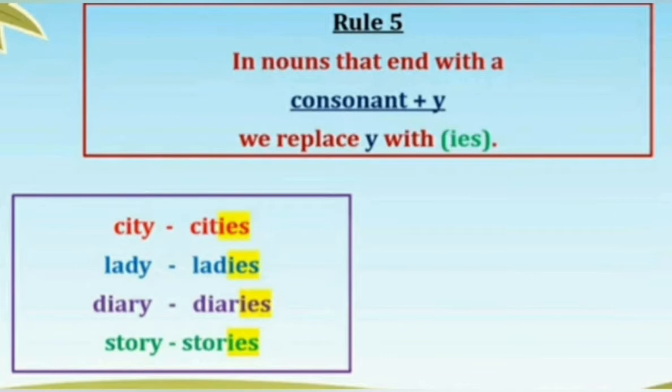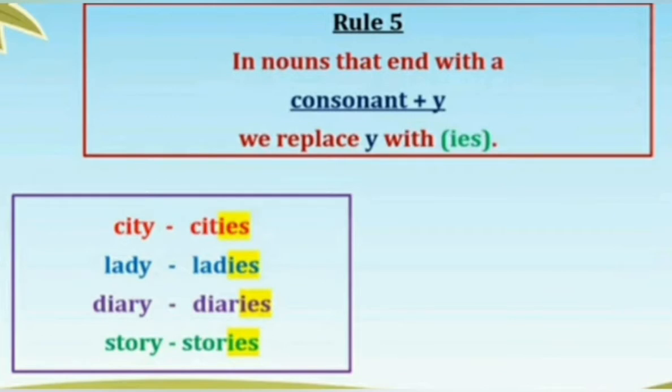Next word, lady. Here also we have a word that ends with Y and has a consonant before Y. That's D. So we have to remove Y here and add IES in place of Y. So the plural of lady is ladies. L-A-D-I-E-S. Next word, diary.